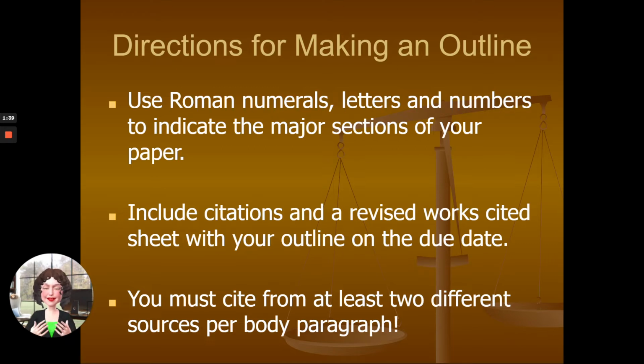You must cite from at least 2 different sources per body paragraph. The goal of a research paper is to pull from a variety of sources throughout the entire paper. Now, the only time there may be an exception to this is when you are analyzing Lord of the Flies, or if you're in honors or AP, analyzing Dubliners.